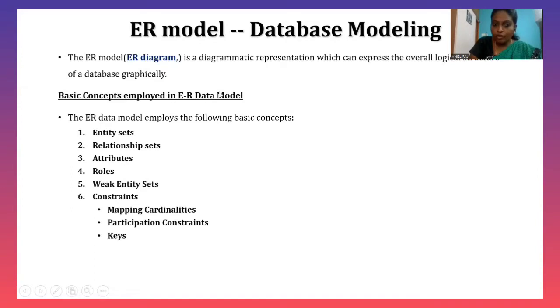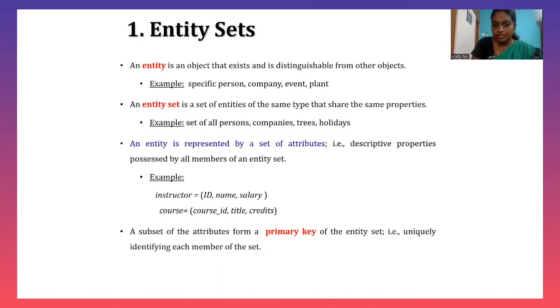To make a better ER diagram, you have to know about an entity and entity set, a relationship, attributes, roles, and constraints. We have two types of constraints, mapping cardinalities and participation constraint. We'll see everything in depth.